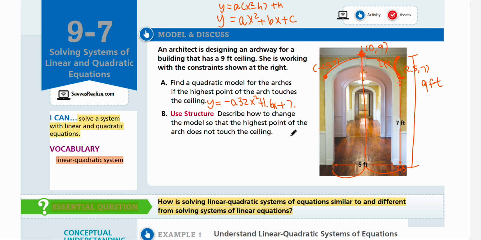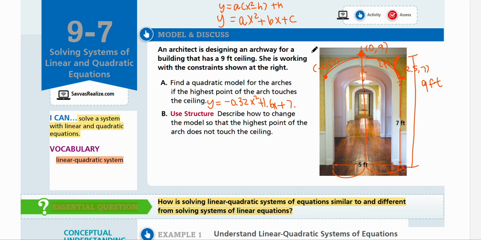Part B, describe how to change the model so that the highest point of the arch does not touch the ceiling. If you change the model so the highest point does not touch the ceiling, we just have to adjust our height, right? So then our vertex may be a little bit lower. That would decrease our C value, right?